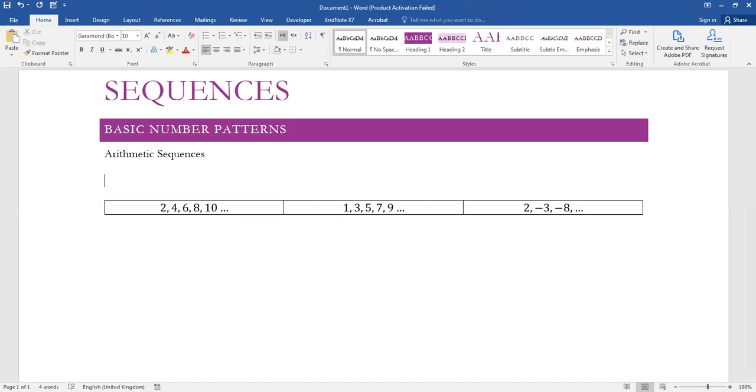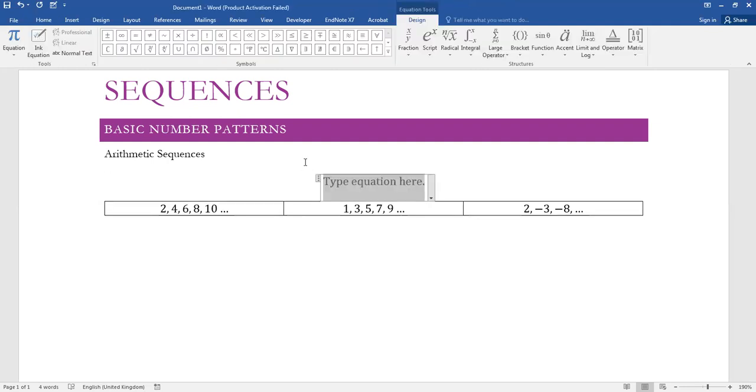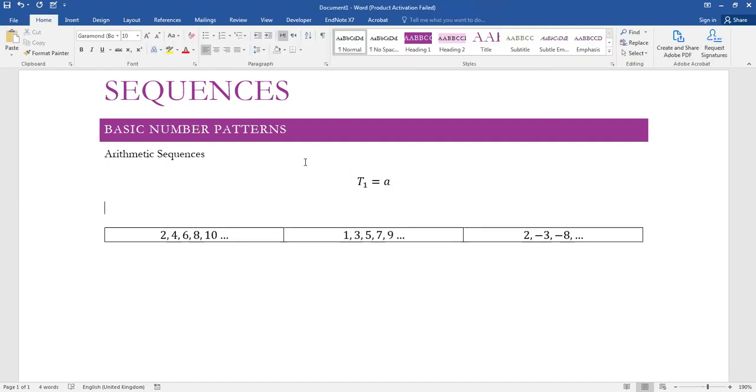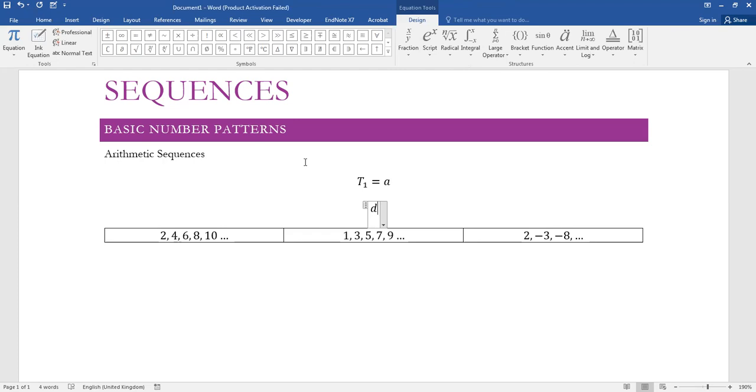So let's understand how we model an arithmetic sequence first, before going on to the next terms. Okay, first let's see what we do. Let's call the first term t1 and let me call that a. And then the other parameter that it has is d, which is the difference or the common difference.